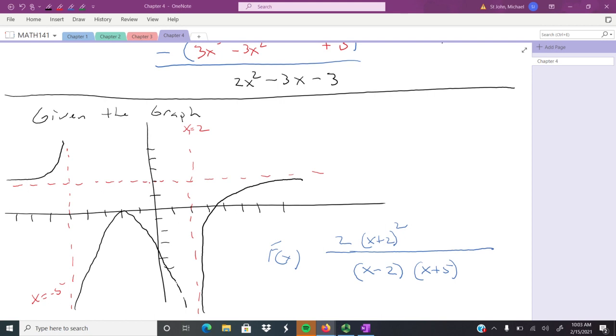So we could do in terms of what's going on with our curve here, right?